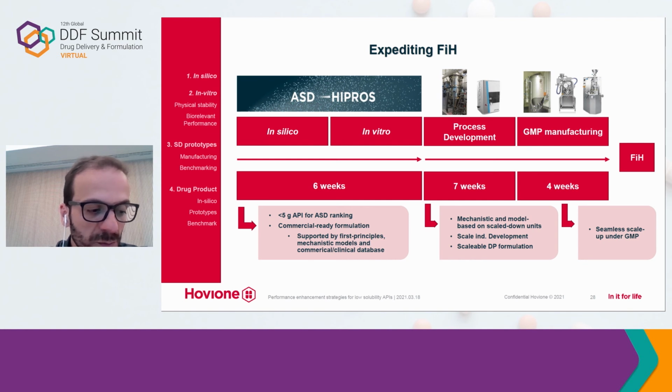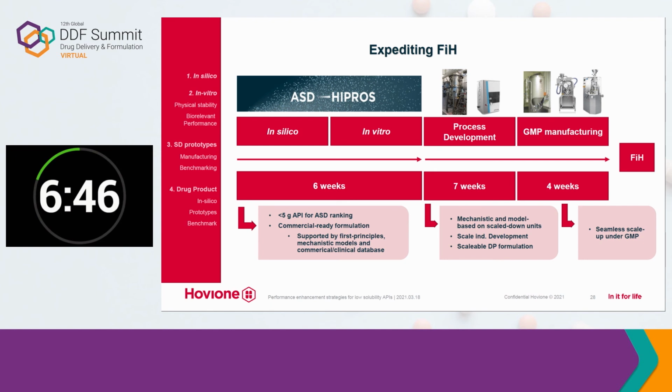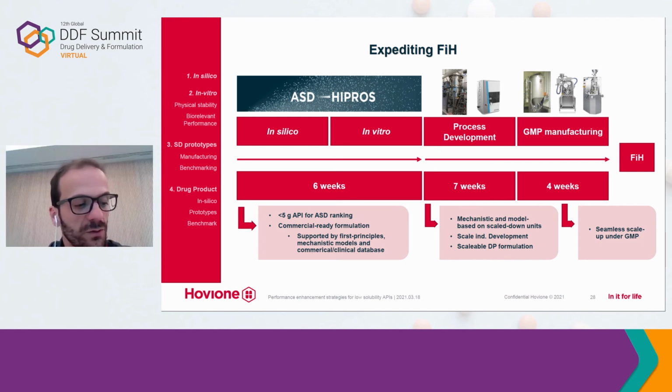Process development can be made solely in the lab. The use of computational models, statistical methods, and scaled-down units provides a scale-independent process development, which then enables a seamless scale-up to both GMP manufacturing and clinical stages, which can be finalized in less than 4 weeks.